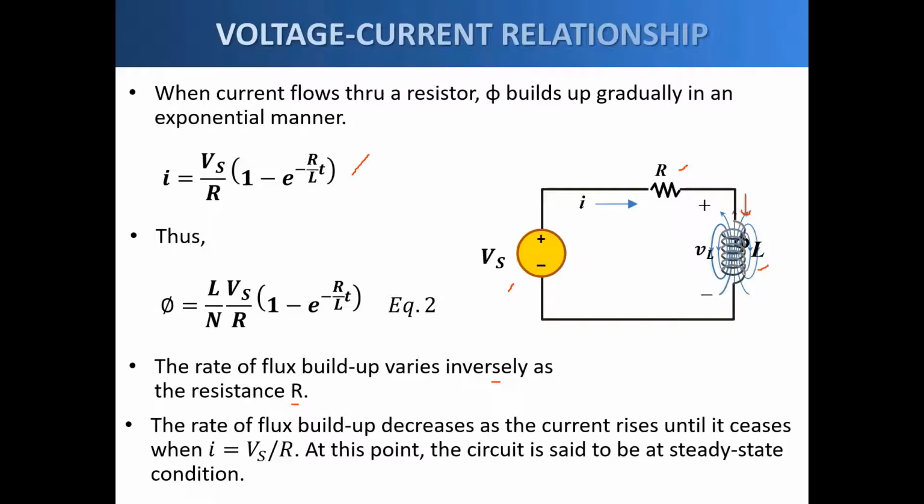For the series RL, the rate of flux buildup decreases as the current rises until it ceases or stops when I becomes a constant at V sub S over R, at which point the circuit is said to be at steady state condition.